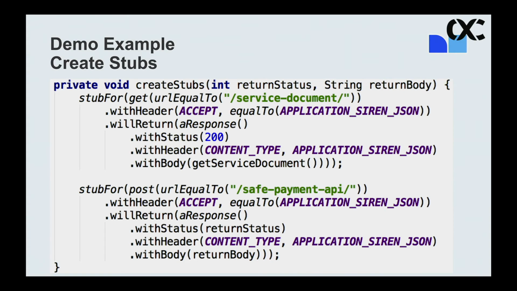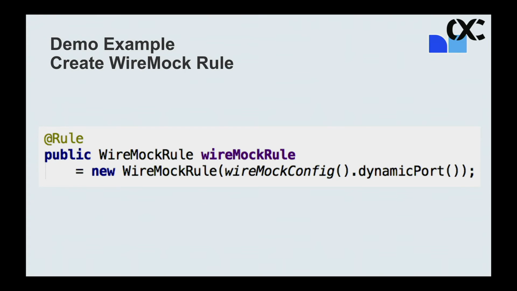So I create two stubs. And then I create a WireMock rule. The WireMock rule starts this WireMock server, so it listens to some port. First, we made one specified port. You can do that. But then if you run several WireMocks at the same time, it can crash.